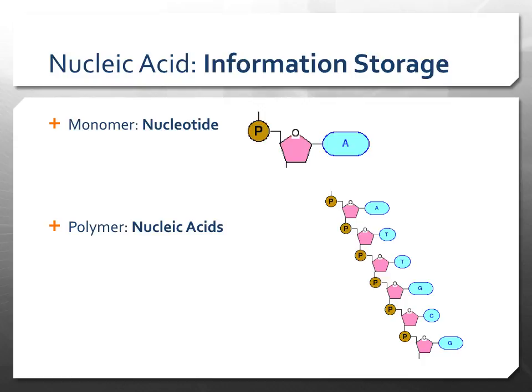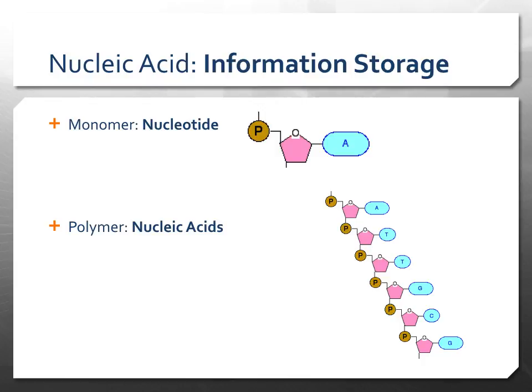So this base is an A, this base is a T, this is a T, this is a G, this is a C, this is a G. These bases constantly change, and that's where the information is stored, because you can have a secret code made up of different combinations of bases. So this is why nucleic acids are considered information storage.